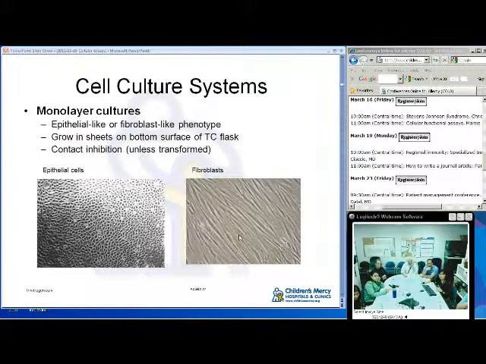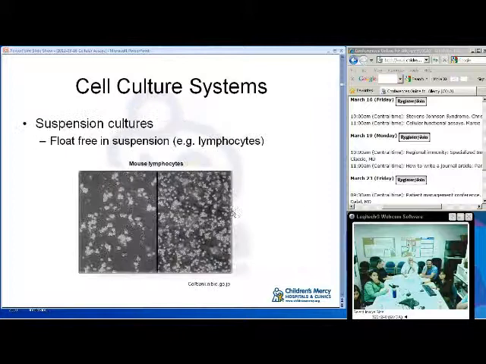And here's an example of fibroblasts growing, and you can see that their morphology is quite different, and they're very spindle-like. Again, as soon as they meet their neighbor, they will stop growing unless they're transformed. If they're transformed, they start growing on top of each other, and you can see a three-dimensional shape to the growth in the flask.